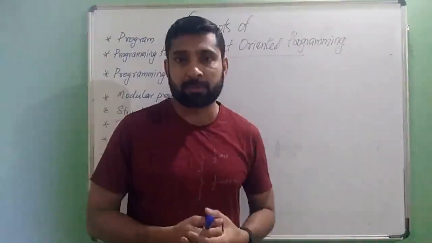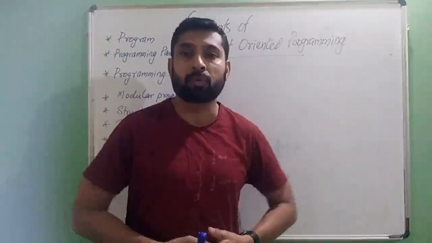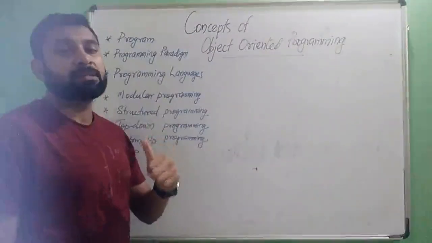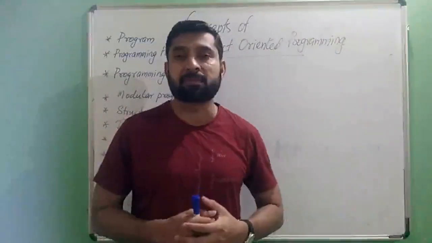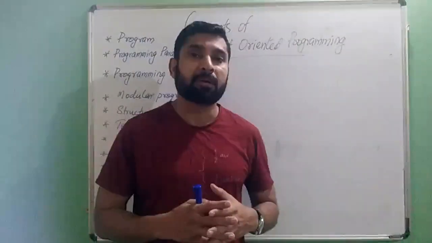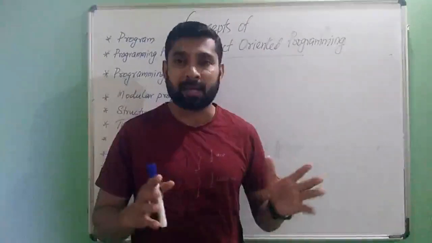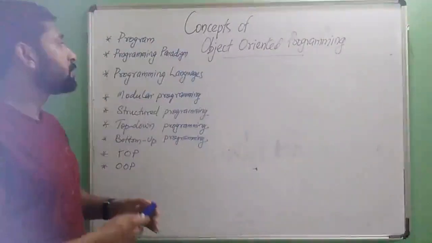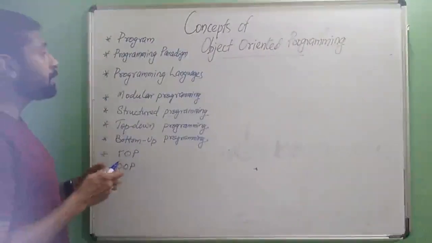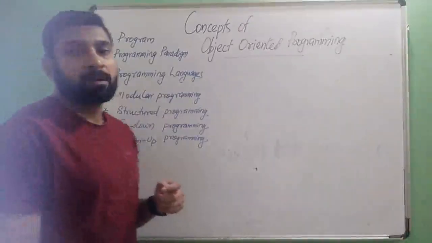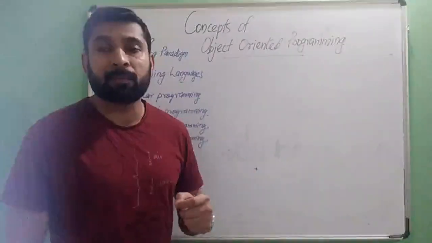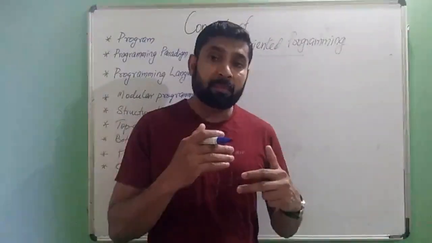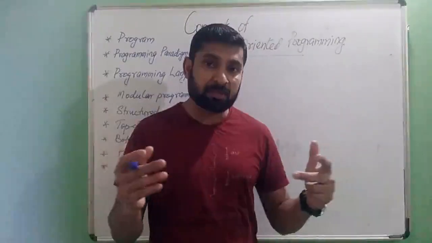We are writing programs. In the last year, we have learned how to write programs. What is a program? A program is a set of instructions given to the computer for performing a particular task. So for writing programs, we use programming languages, by writing a group or set of instructions.